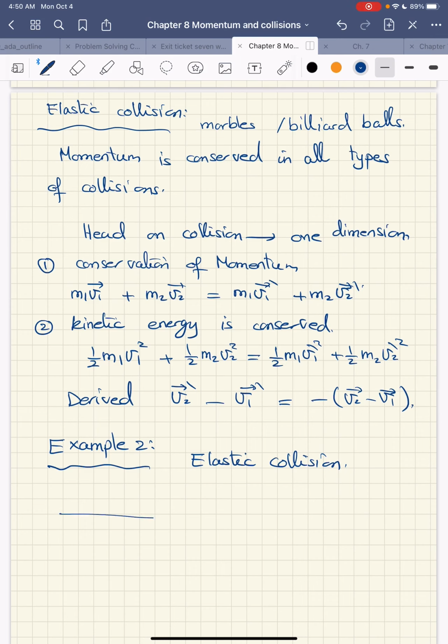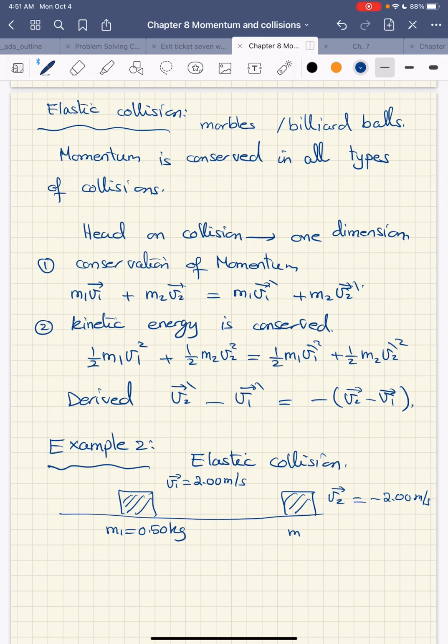And then here I have mass 1 as 0.5, and V2 is negative, like the same exact numbers from the previous one, but I'm gonna assume that this is elastic.